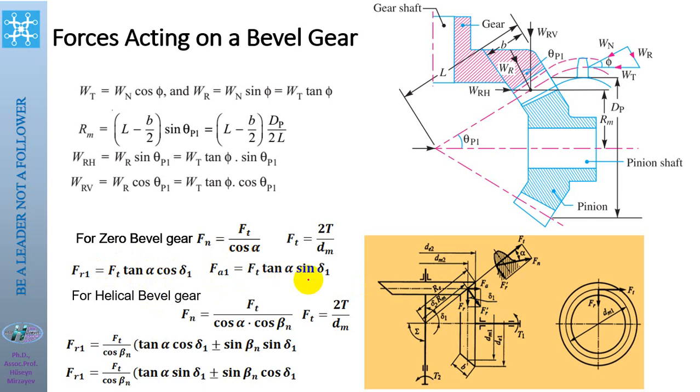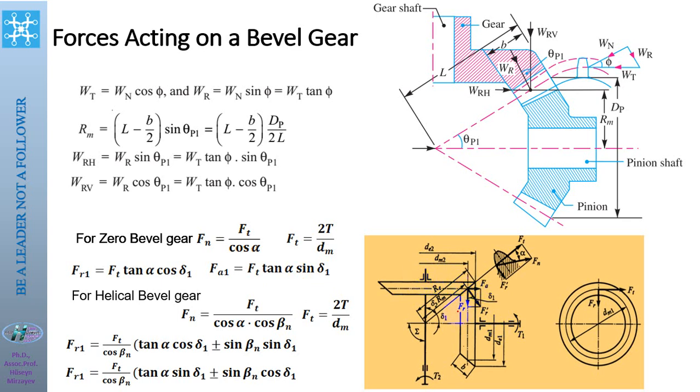For bevel gears, the radial force acting on the pinion, Fr1, is equal to the axial force acting on the gear, Fa2, and vice versa: the axial force acting on the pinion, Fa1, is equal to the radial force acting on the gear, Fr2.